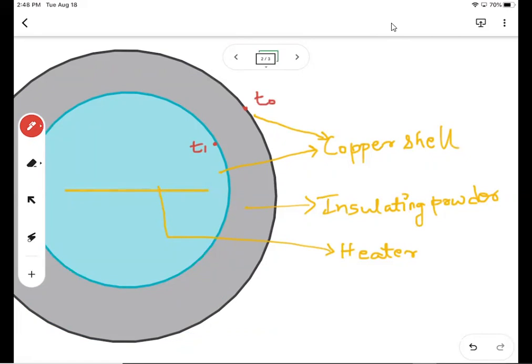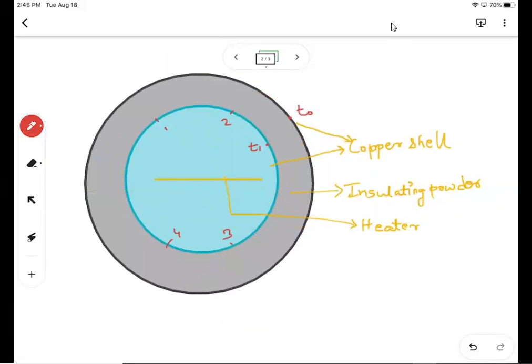Now in the inner shell there are four thermocouples: one over here, one over here, one over here, and one over here somewhere, 1, 2, 3, and 4. And on the outer shell there are six thermocouples, that is 5, 6, 7, 8, 9, and 10.